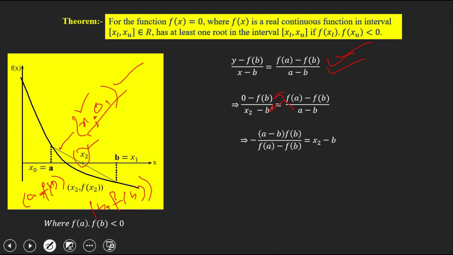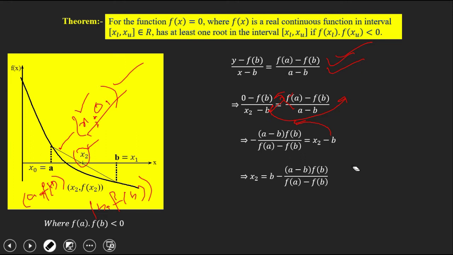We will get x2 minus b equal to minus (a minus b) f of b divided by f of a minus f of b. By taking this b term to the left side, it becomes positive and we get x2 is equal to b minus (a minus b) into f of b divided by f of a minus f of b.